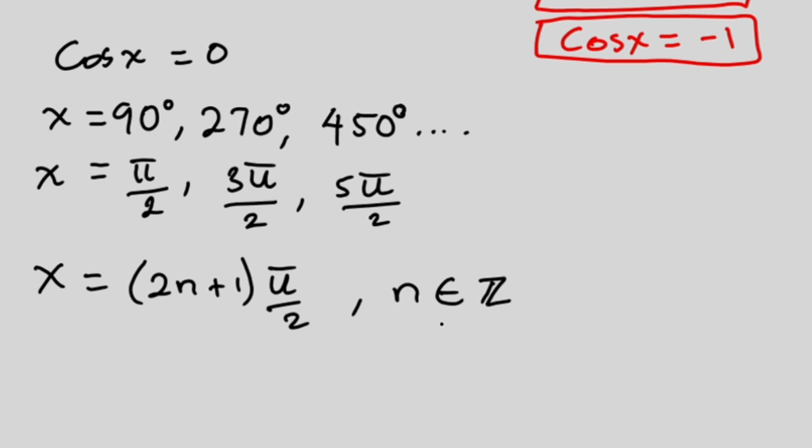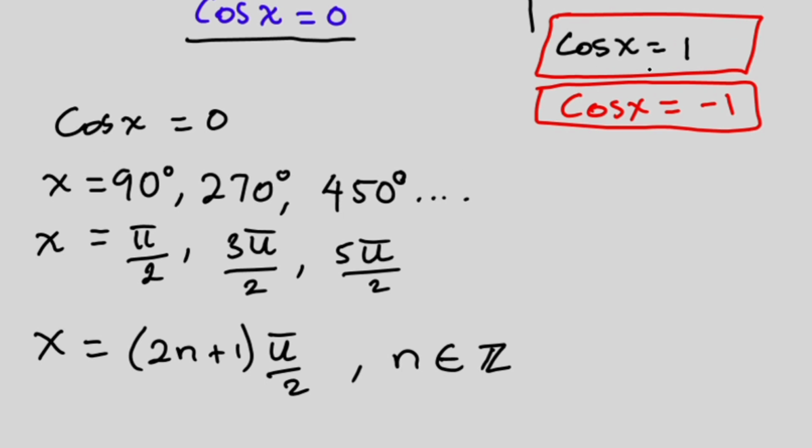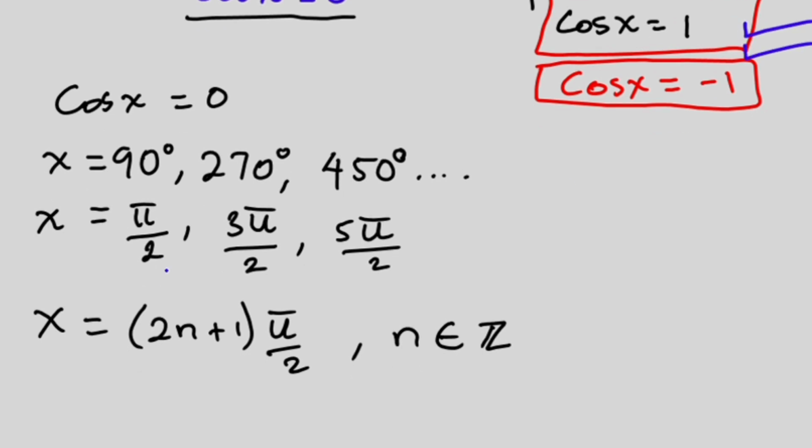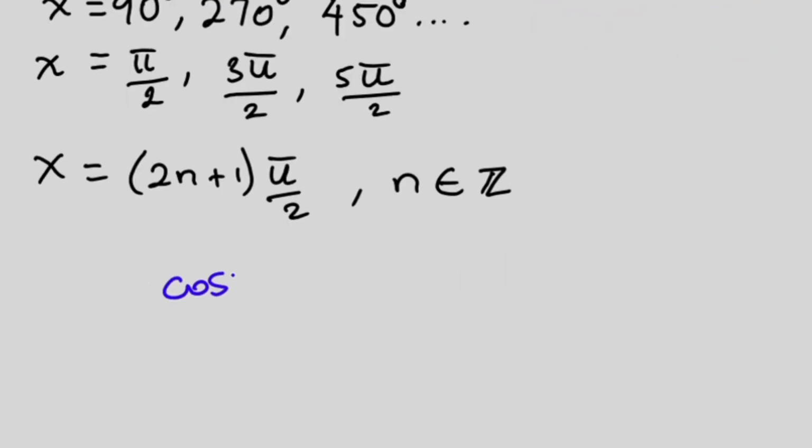Okay, so now let's focus on the second value of x, which is this one. Cos x is equal to +1. If x is equal to 0 degrees, we're going to have cos 0, which is equal to 1. If it is 360 degrees, we will also get 1, and it keeps on going, right?